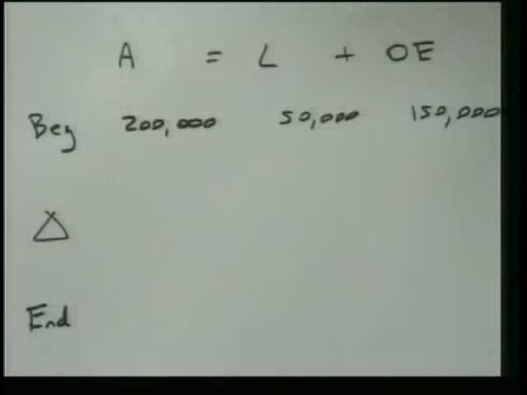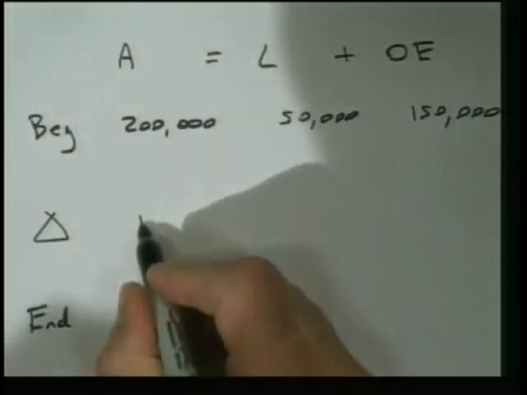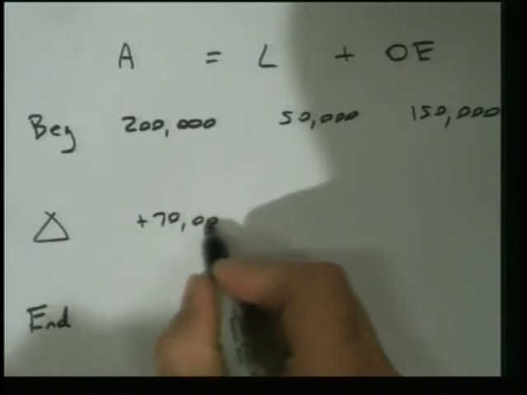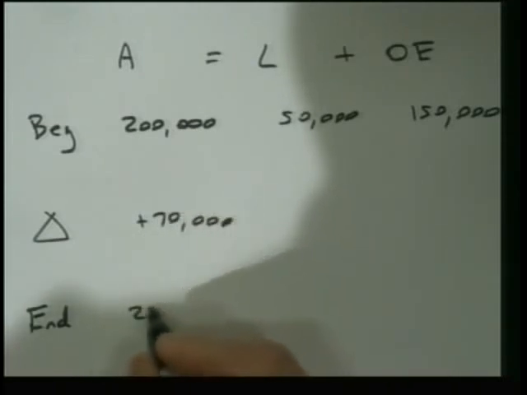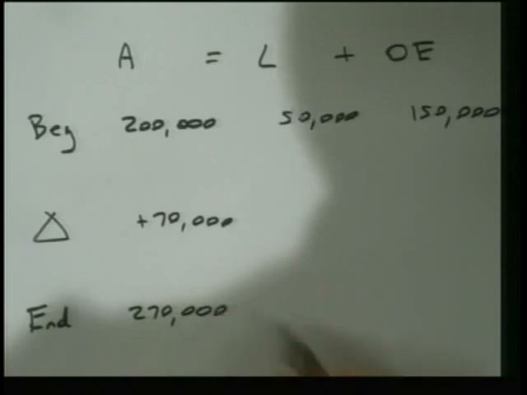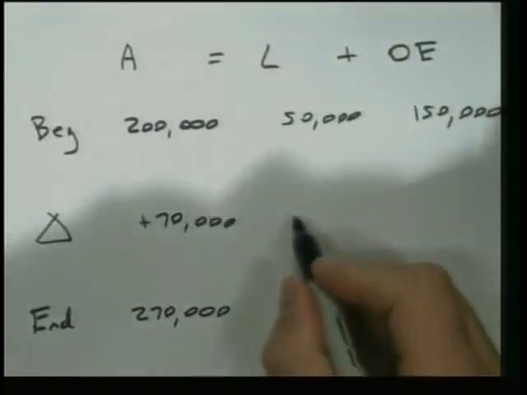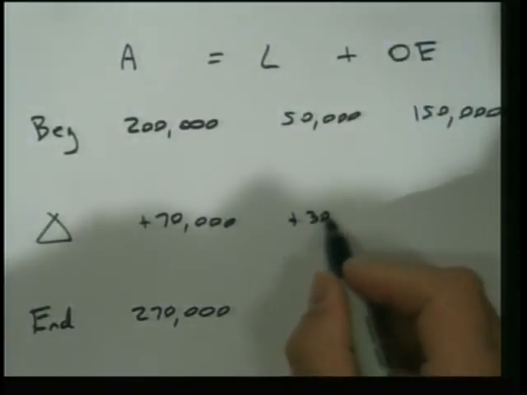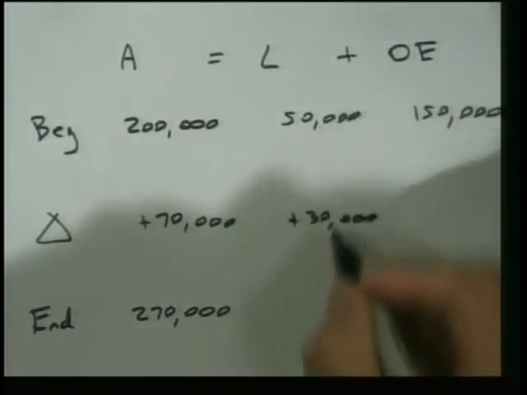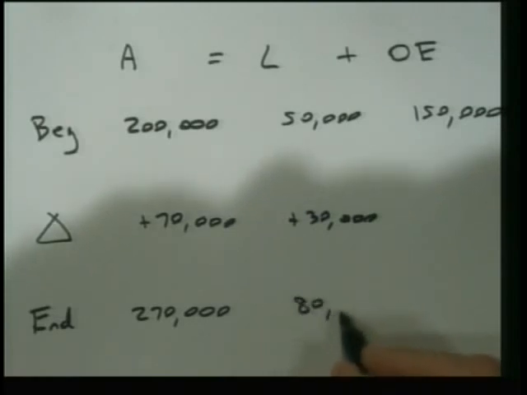During the year, assets increase 70,000, so they must be 270 at the end. And liabilities increase 30,000. So liabilities go up by 30,000, is that correct? 50 plus 30 is 80.